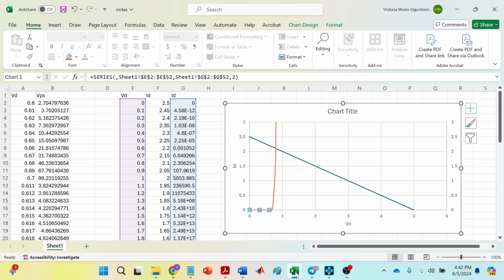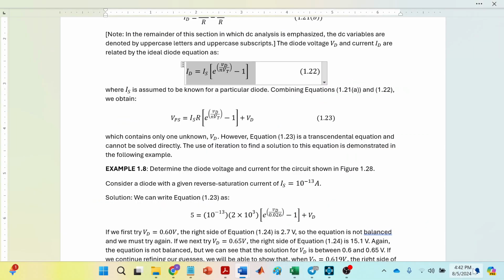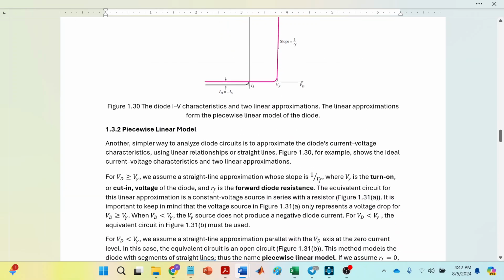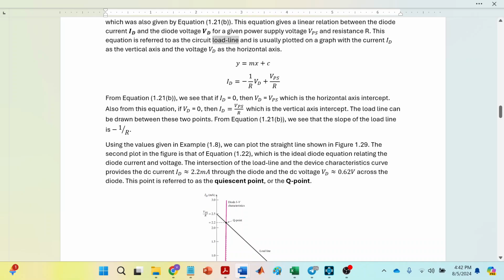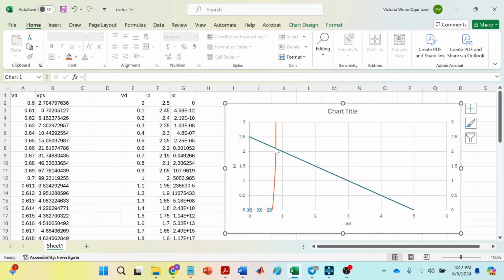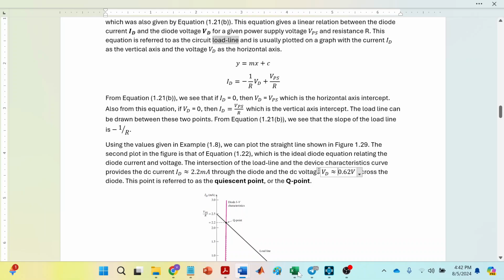The point of intersection, like we see here, is an ID of about 2.2 milliamp and a VD of about 0.62 volts. So here is 2.2 milliamp and here is 0.62 volts. That will give you the diode current and the diode voltage. The point of intersection is called the quiescent point, or the Q point.